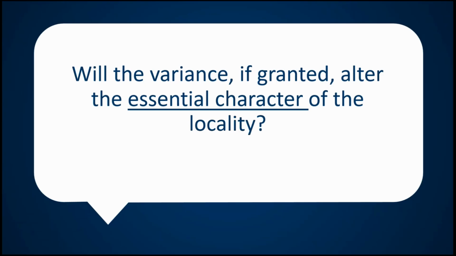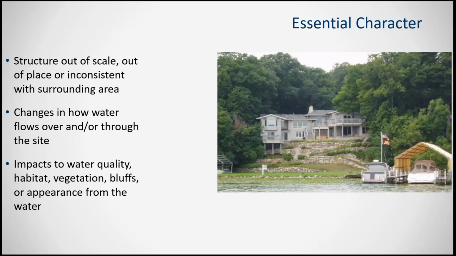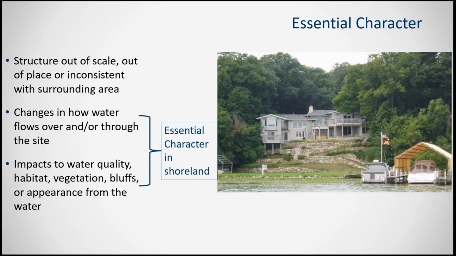This one is essential character, and the question is, will the variance, if granted, alter the essential character of the locality? Usually it's really a concept of scale. Is the structure out of scale, out of place? Is it inconsistent with the surrounding area? But we also want you to think about, when you're in shoreland, that there are other things that fall into the essential character bucket.